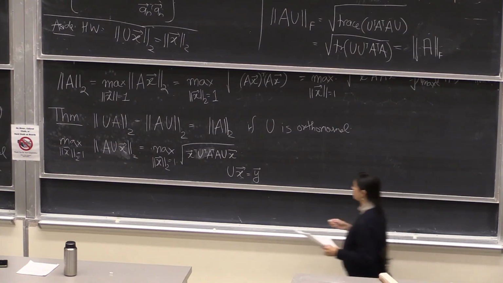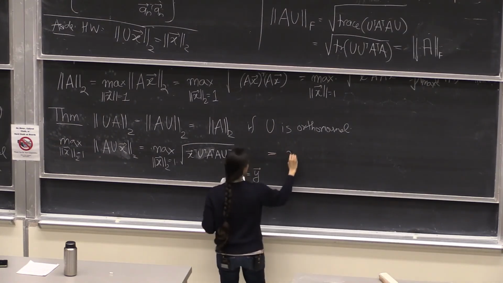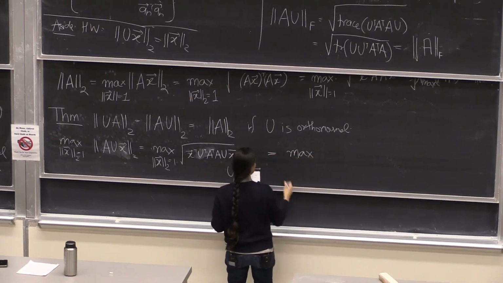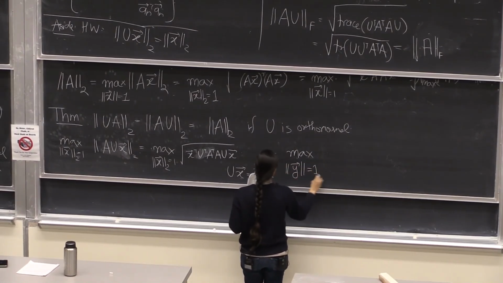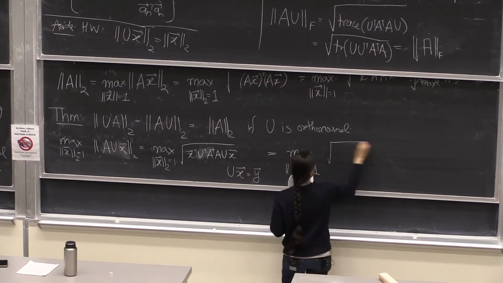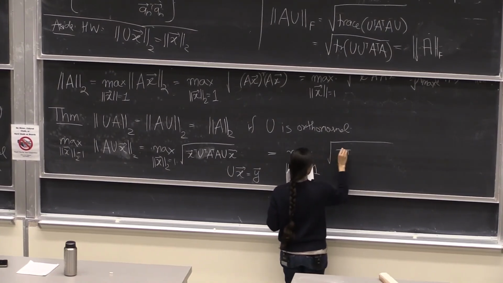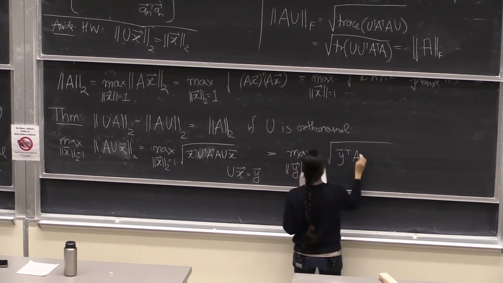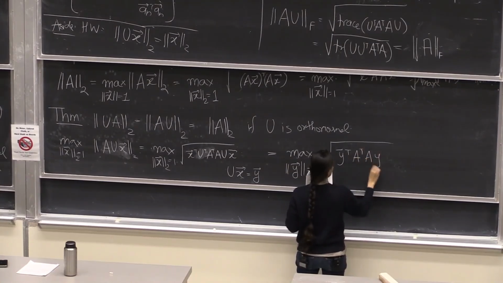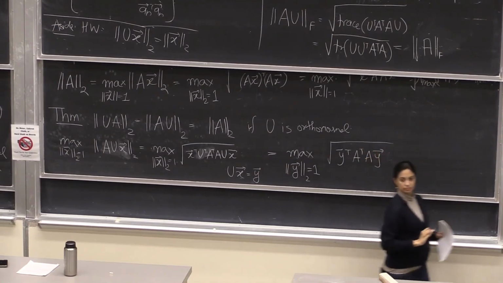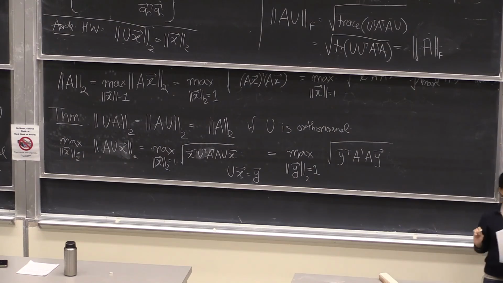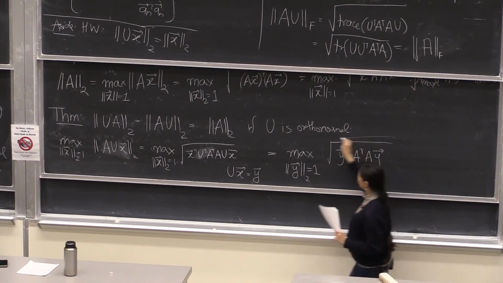Unit vector, right? So can I now rewrite this optimization problem as a maximization over Y? The norm of Y is the same as the norm of X, but now I have this thing.